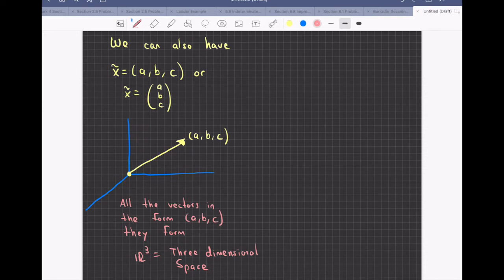So this is one way to represent vectors with only two components or three components, but they have an order. All right.